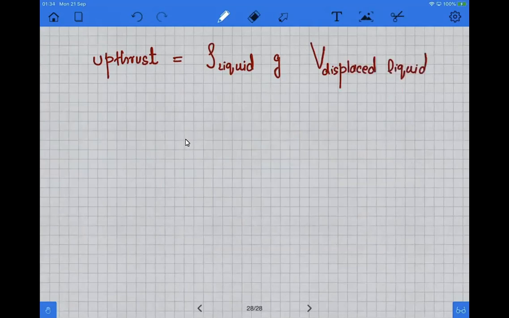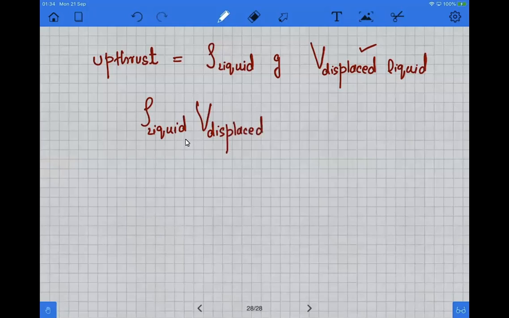Then we need to understand another situation: density of liquid multiplied with volume of displaced liquid gives you the mass of the displaced liquid.